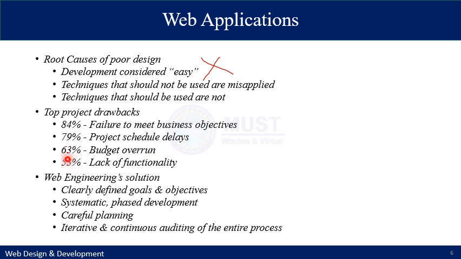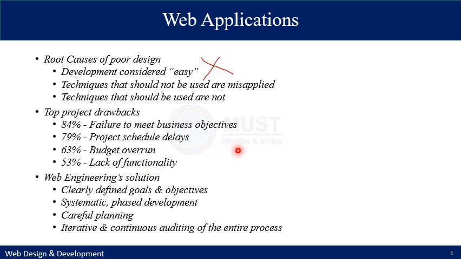Another problem that web projects face is budget overruns. Approximately 60% of projects face budget overruns. That means you have exceeded the estimated financial money in the projects, and also 50% of projects lack the functionality.